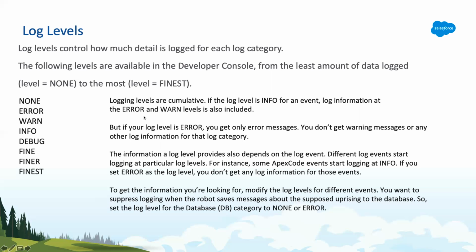And one more thing, I forgot to inform that log levels are cumulative, which means if you select info, it will show you all the warn logs as well as error logs, but not the debug logs.